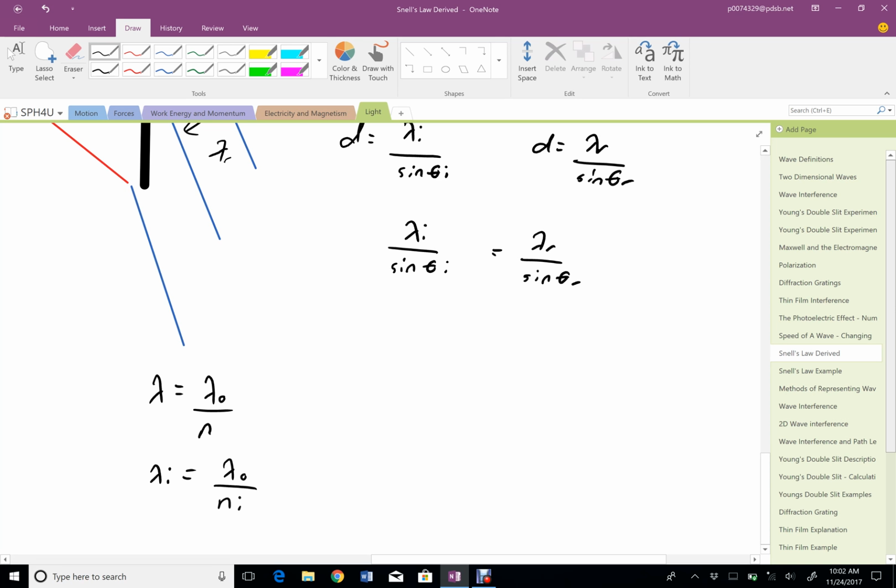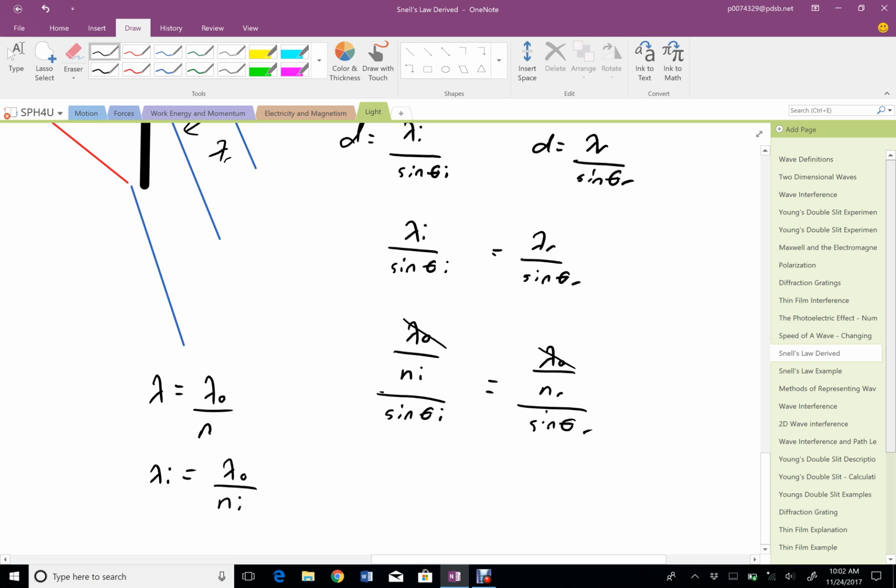So I'm going to change this to lambda naught over n_i over sine theta I, and lambda naught over n_r over sine theta r.